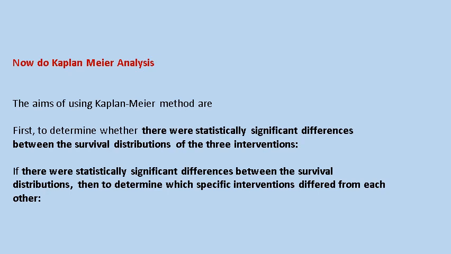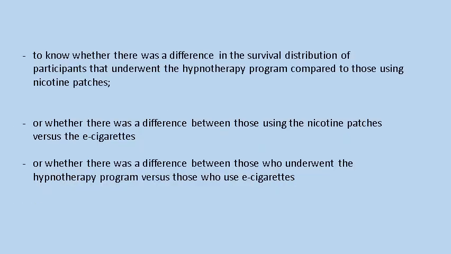If there were statistically significant differences between survival distribution, then we need to determine which specific intervention differed from the other for each.